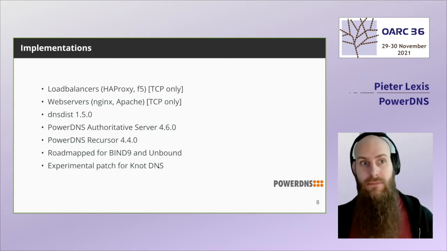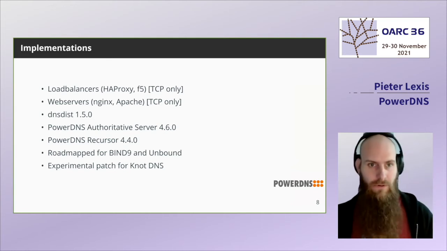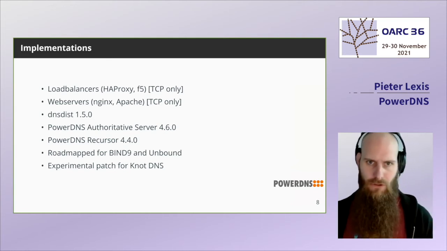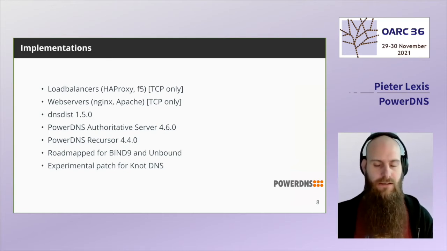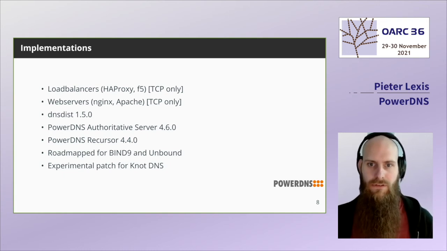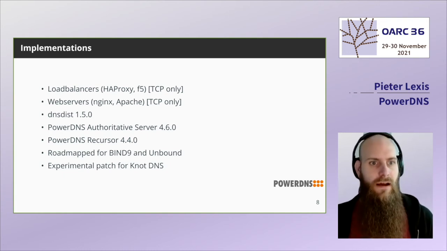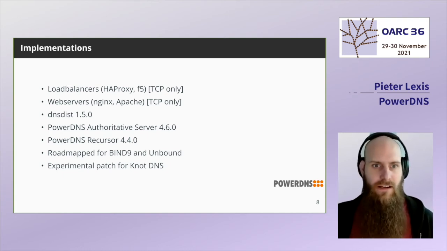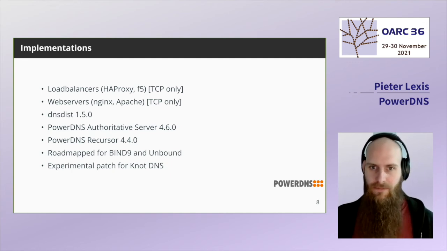There are many implementations of the proxy v2 protocol already. Many load balancers, also open source like HAProxy, support it. Actually, this protocol originated at HAProxy, although they do TCP only, whereas we also do UDP, of course. There's a bunch of web servers like Nginx and Apache that support it also, only TCP.